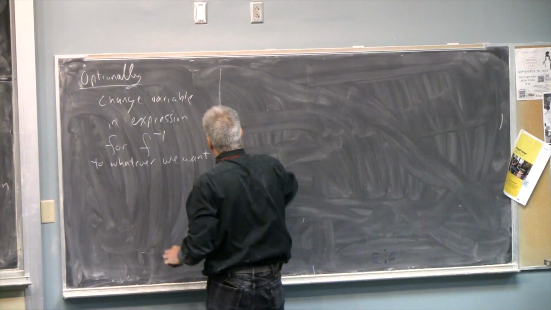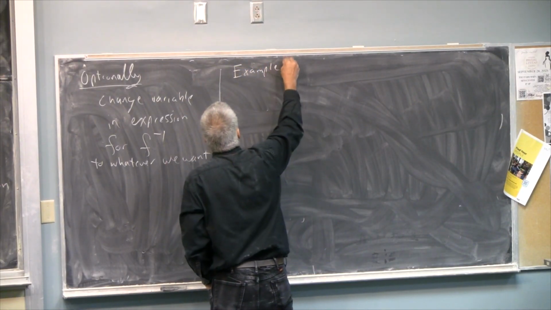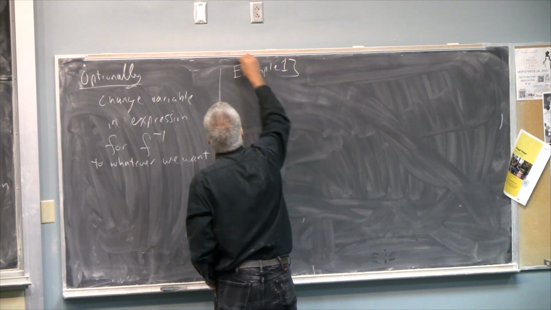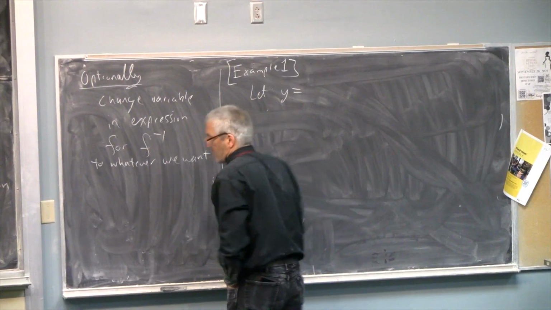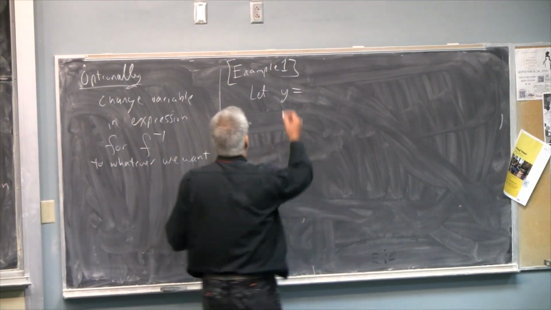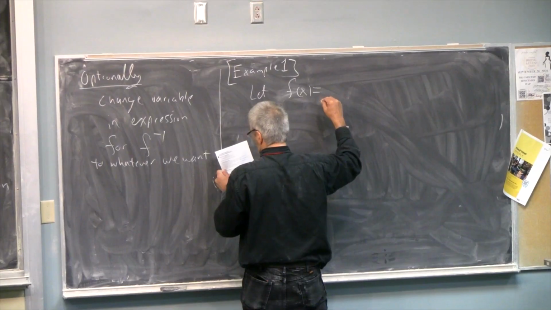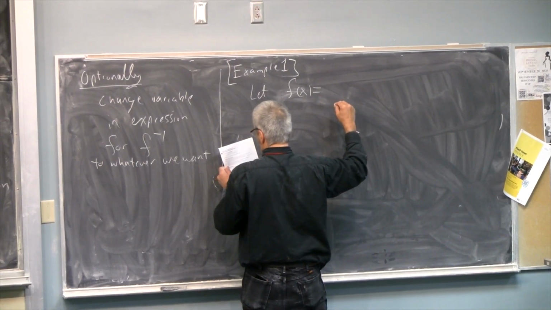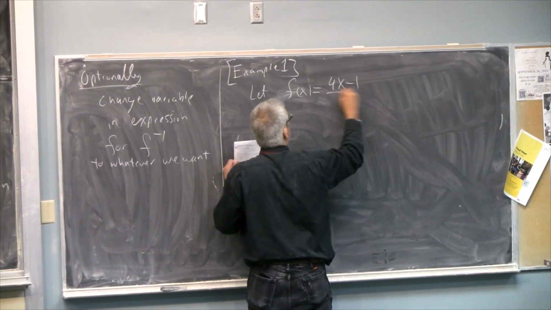So let's do an example. Let f of x be this function: 4x minus 1 over 2x plus 3.